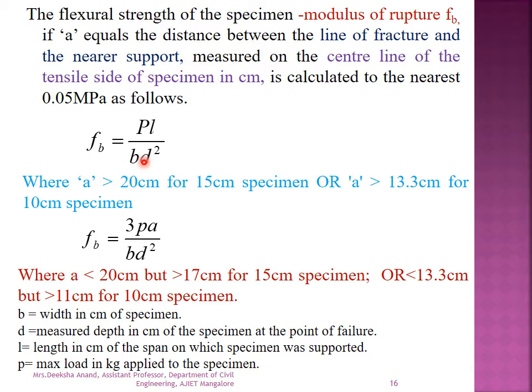Fb is equal to PL divided by BD square, where a is 20 centimeter for 15 centimeter and 13.3 centimeter for 10 centimeter specimen, and Fb is equal to 3Pa divided by BD square. Here B is width in centimeter, D is measured depth, L is length in centimeter, and P is maximum load in kg.